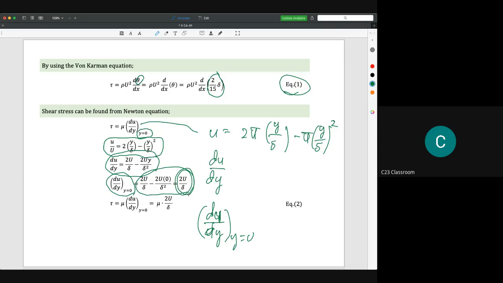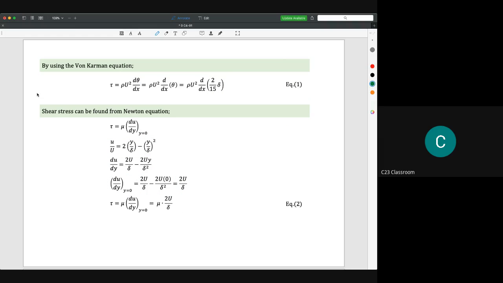So tau is now equal to mu times 2U over delta. Please be careful here, because sometimes students, when deriving du dy at y equal to 0, get 2U over delta here.